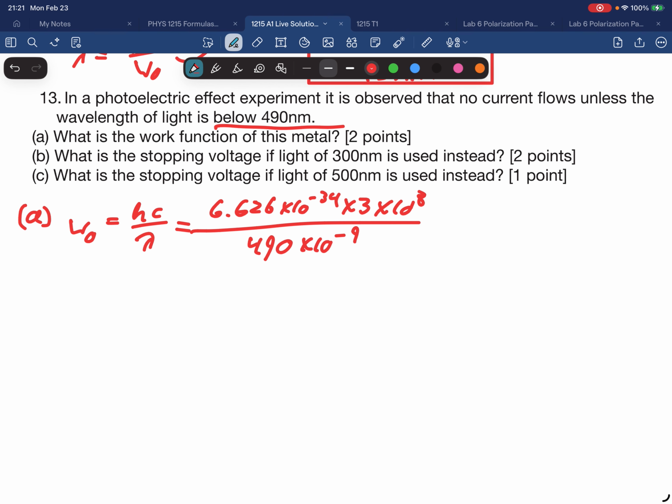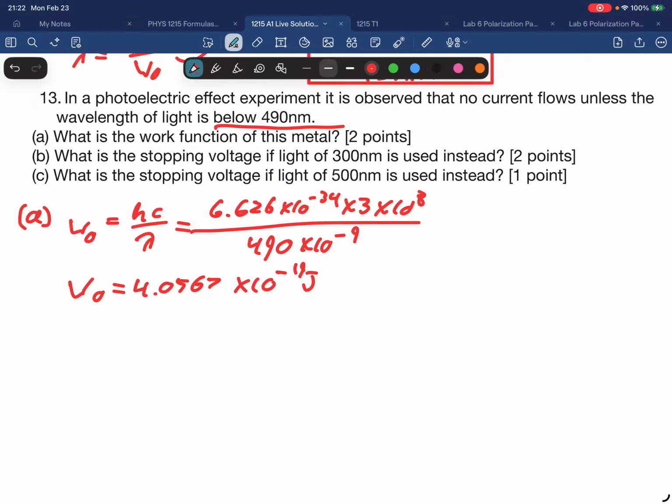Now, the only units of energy I have are Planck's constant, so I don't need to do any converting between electron volts and joules at the moment. So plugging this in, I get about 4.0567 times 10 to the negative 19 joules. Now, I know, because I made the question, that electron volts are going to be way easier to work with.